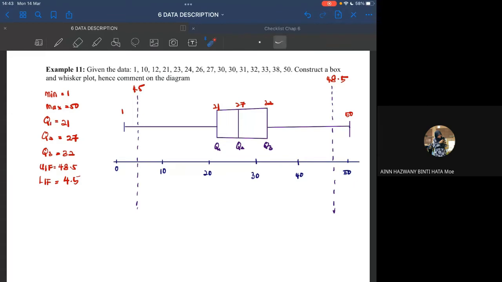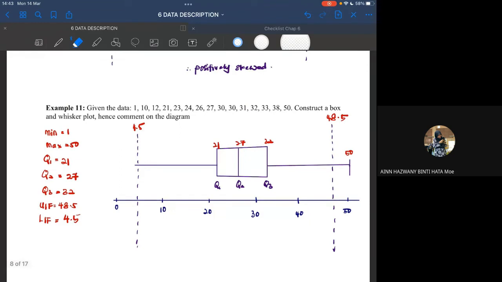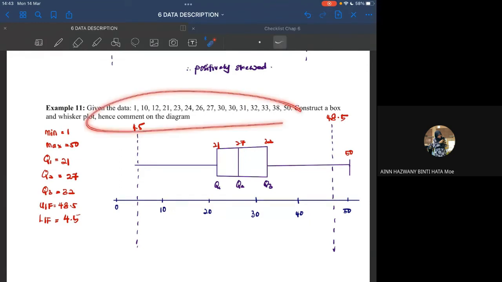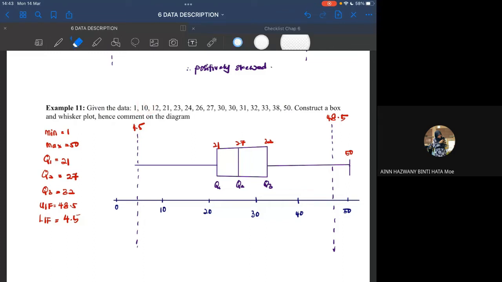So, apa yang kita kena buat dekat sini ialah we are going to cancel this minimum value ni. Kita padam. Okay, kita akan ambil the next minimum value, which dari arrange, next minimum value kat sini ialah 10. Okay, so we are going to padam the data kita kat sini.